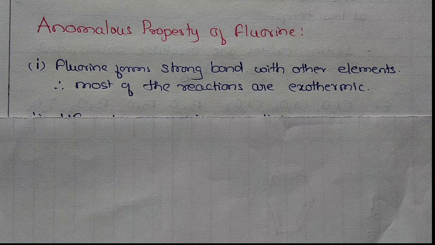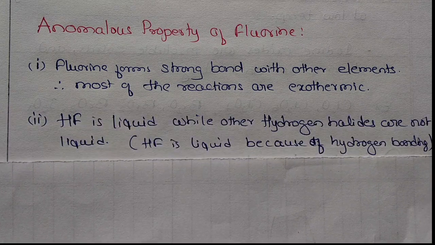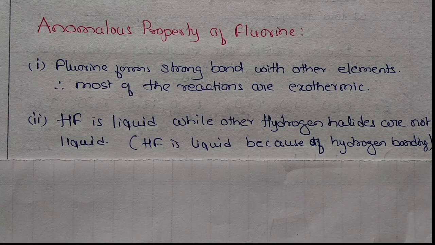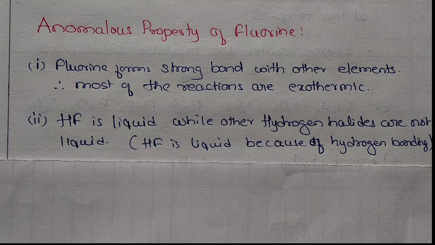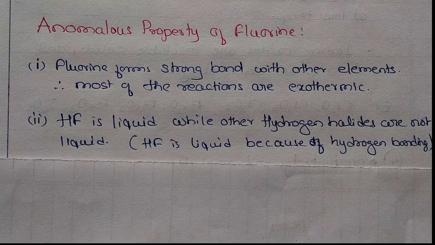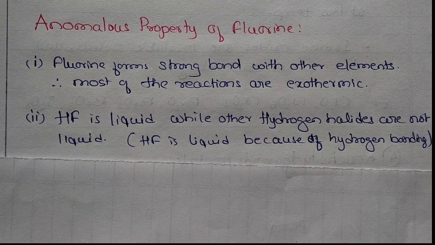Fluorine forms strong bonds with other elements. Therefore, most of the reactions are exothermic. Then the second one is that hydrofluoric acid, HF, is a liquid, while other hydrogen halides are not liquid. Why? Because HF has a tendency to form hydrogen bonding.